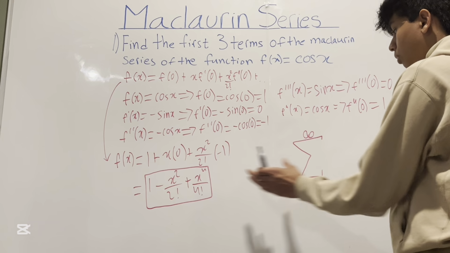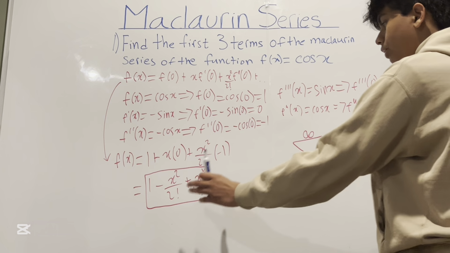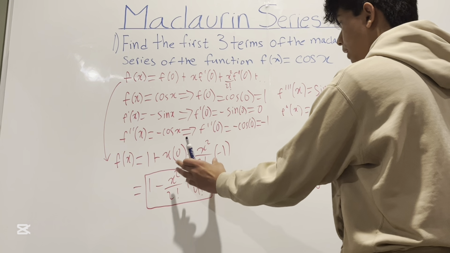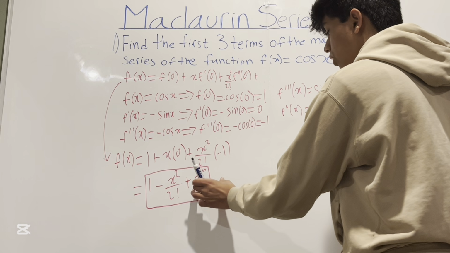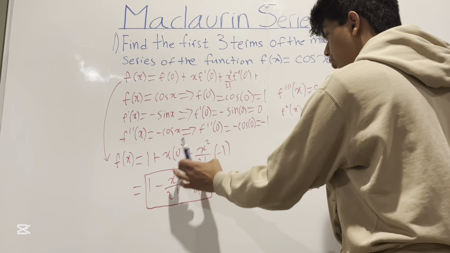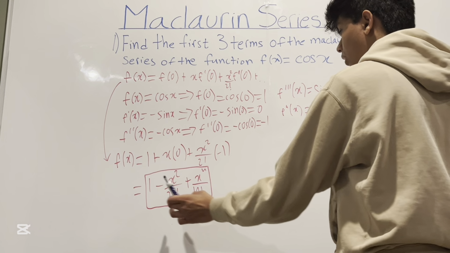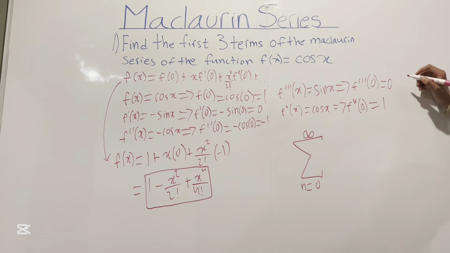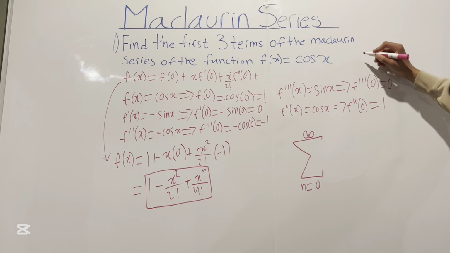One thing I like to do when I'm trying to find the sigma notation for a function is to make every single term, which is usually just the first three terms, in the same format. You see how the second term and the third term are the same format? We have x to a power divided by something factorial. Here, we don't have that, but we can set it equal to something.